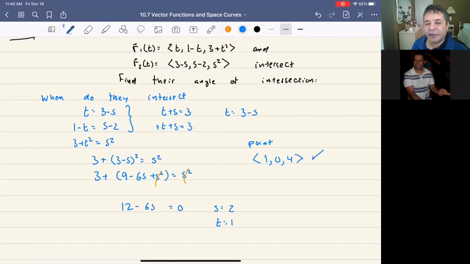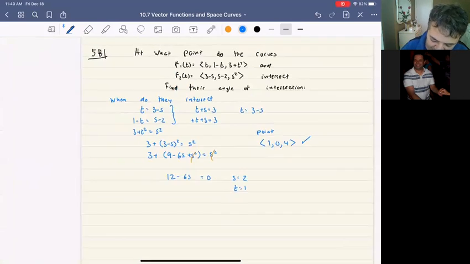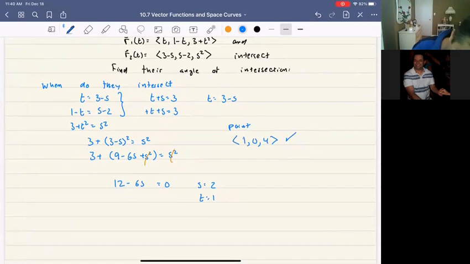Now, their angle of intersection. I'm going to need to find the derivative at these points. So let's take r1 prime, 1, -1, 2t, r2 prime, -1, 1, 2s.